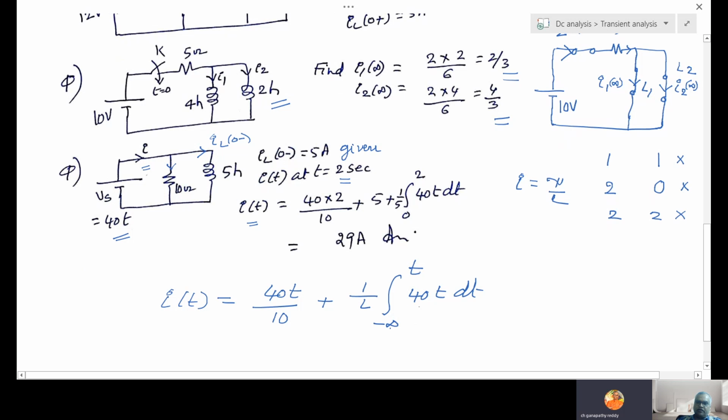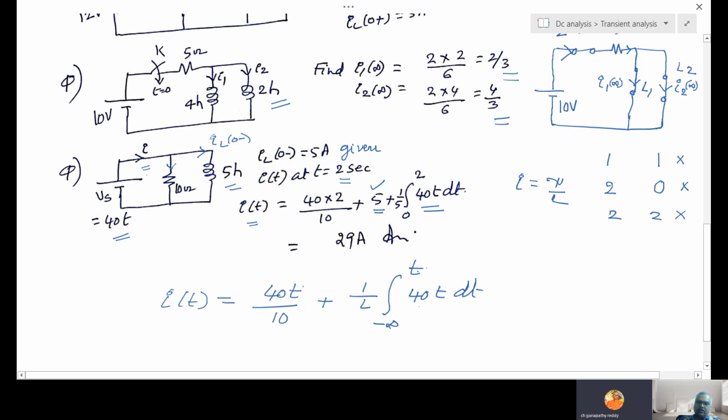But minus infinity to t is split into minus infinity to 0, that is the initial value. So the initial value is taken care of as 5 amps. Plus 1 by L, L is 5 Henry, so 1 by 5, from 0 to the time asked, I of t at t equal to 2. So we want the answer at t equal to 2 only. Therefore 0 to 2 of 40T dt.